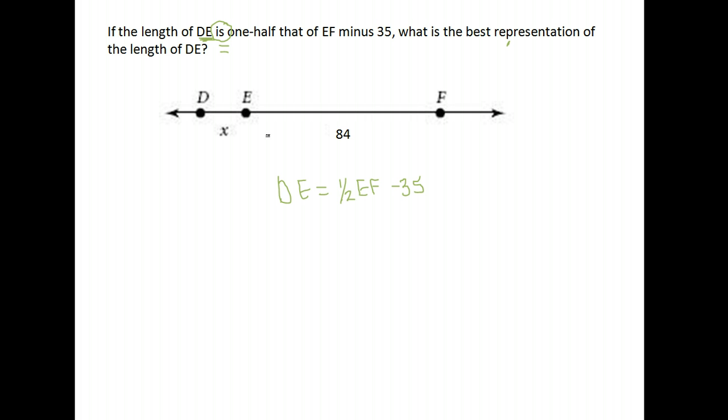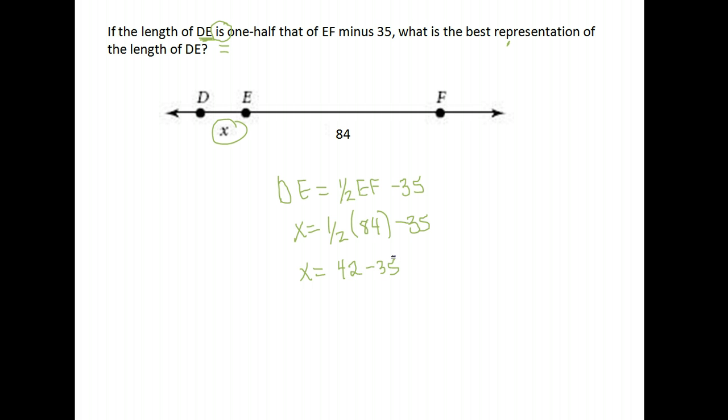Now if they asked us to solve this for X, we could. We replace our values. We know DE is our X. We know EF is 84. And we go from there. So 1/2 of 84, or 84 divided by 2, would be 42, is half of 84.